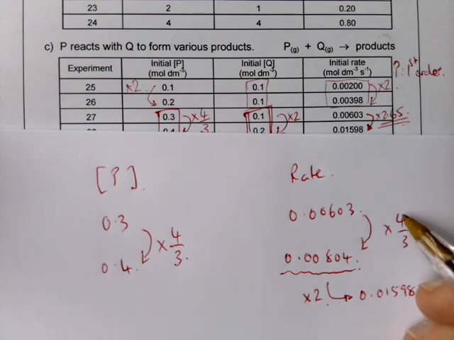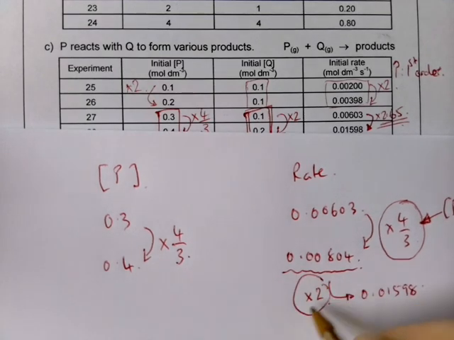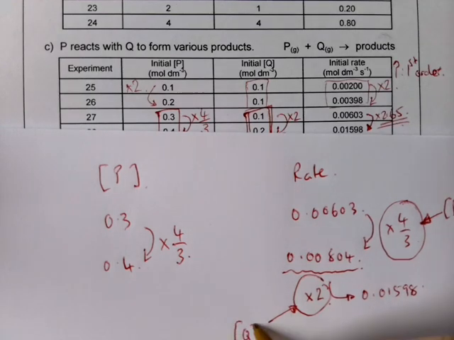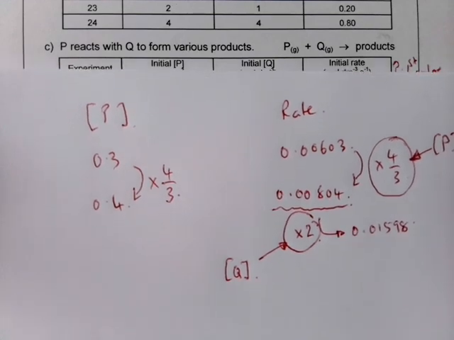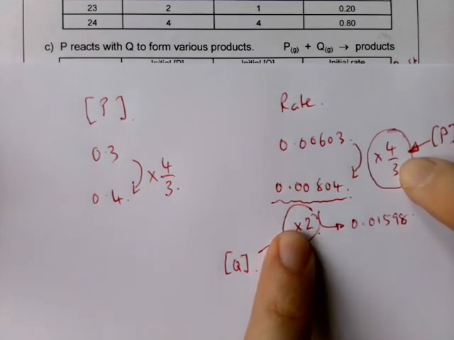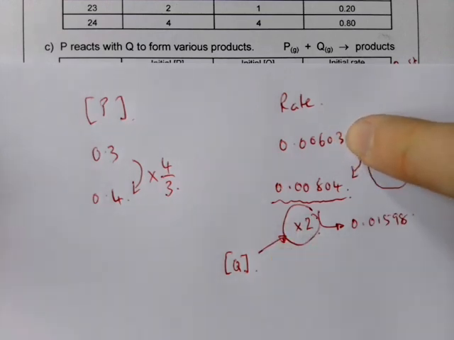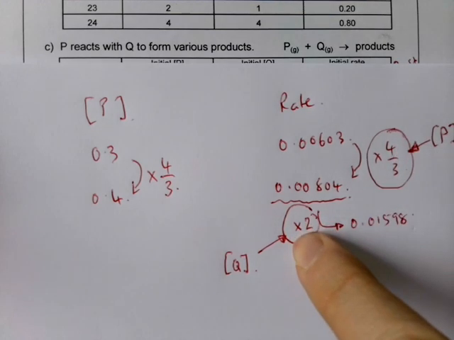So this times by 4 over 3, this is due to P. And this times by 2 here, this is due to Q. All right, and you can see that if I take this number here, I times it by 4 over 3, and I times it by 2, I get the rate that I've got. This part is because of P, this part is because of Q.